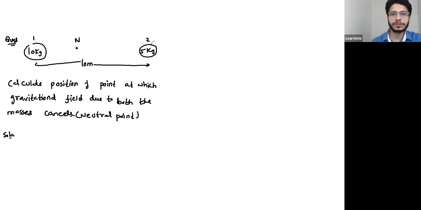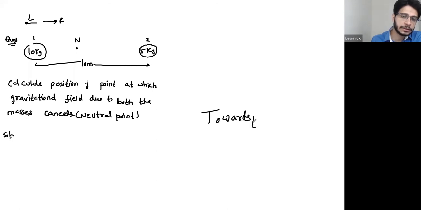This is mass 1, this is mass 2. Sania, can you guess the direction of field at point N due to 10 kg? This is my right, this is left. What's the direction of field? Is it towards right or towards left? For direction of field, always remember, the direction of field is towards the mass.